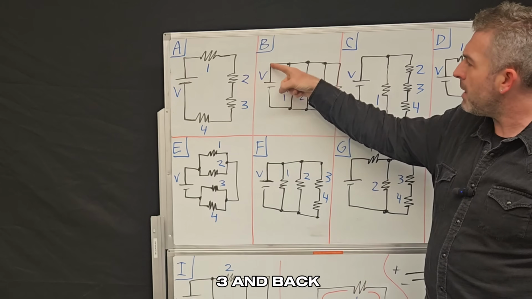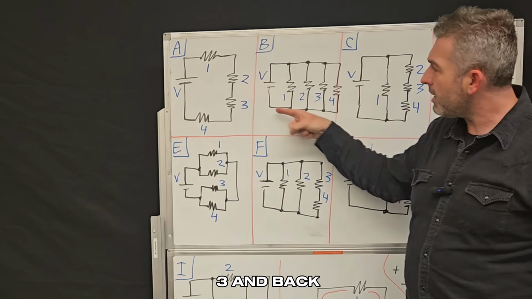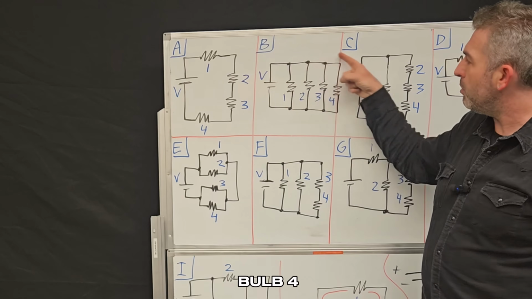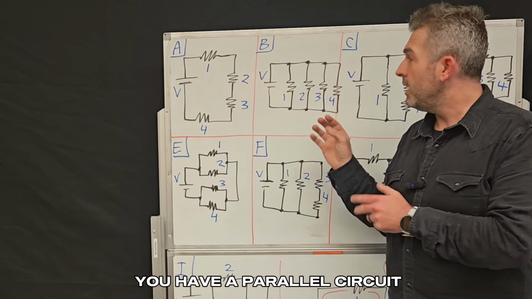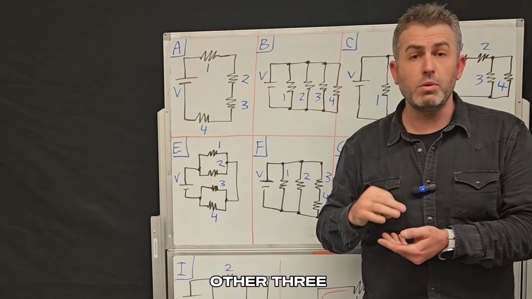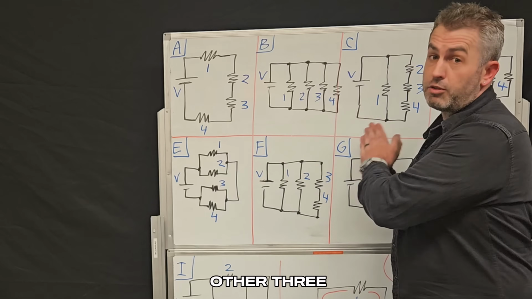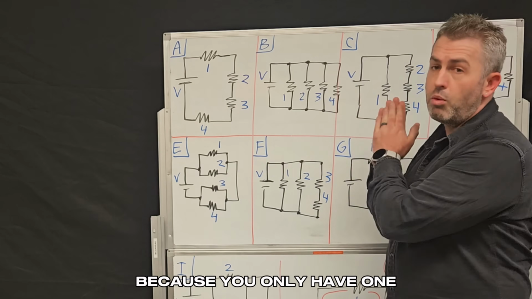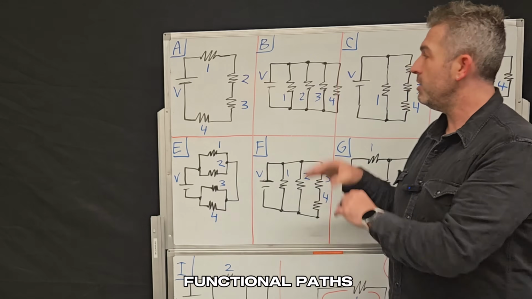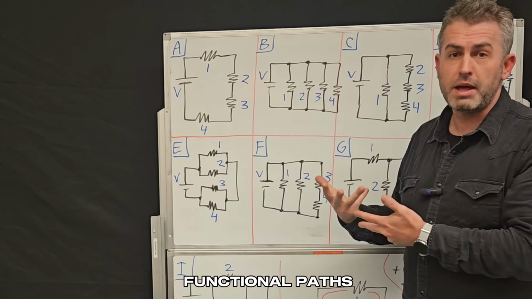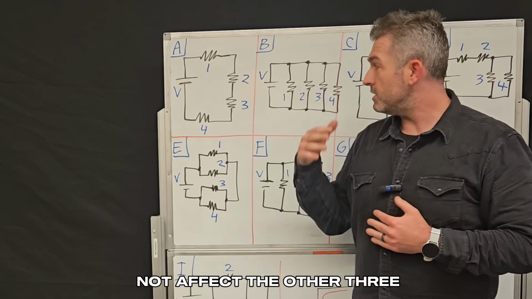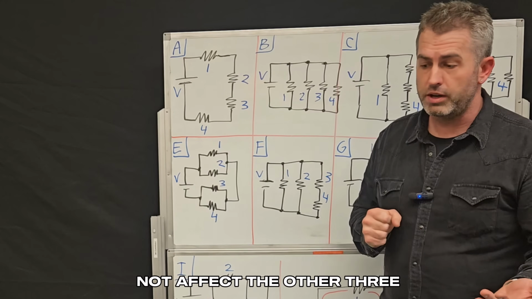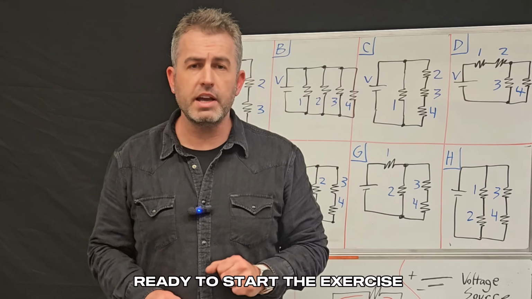You still have a complete path through bulb 3 and back, and you still have a complete path through bulb 4. So at the end of the day, when you have a parallel circuit, losing one light bulb or unscrewing one bulb will not affect the other 3 because you only have one incomplete path and you still have 3 perfectly functional paths. So the main advantage of the parallel circuit is that you can unscrew one bulb and not affect the other 3. Okay, so now we're ready to start the exercise.